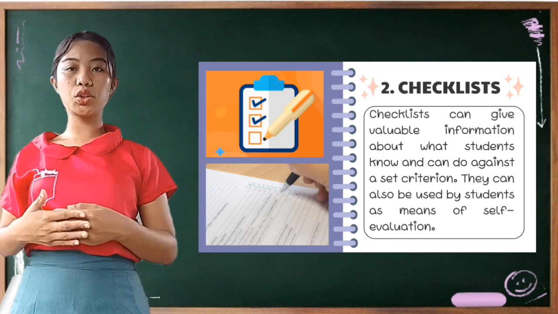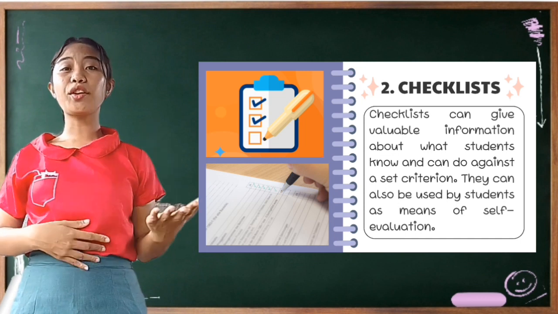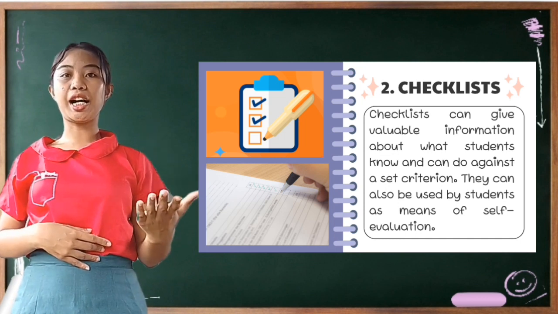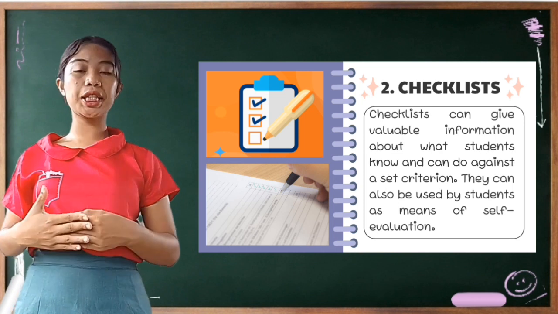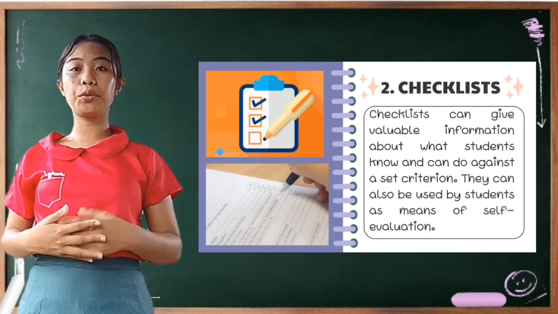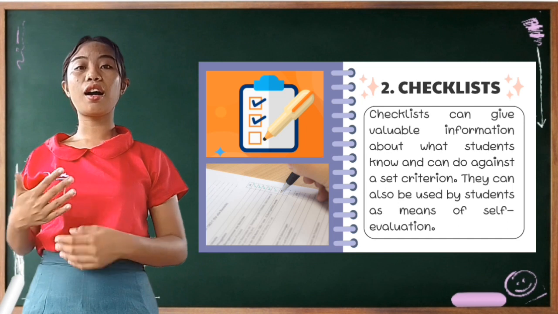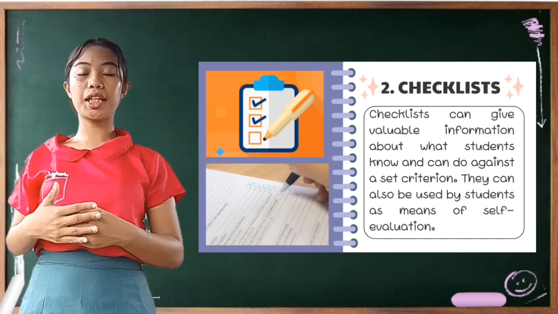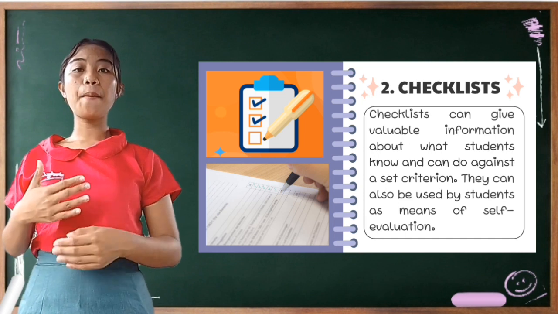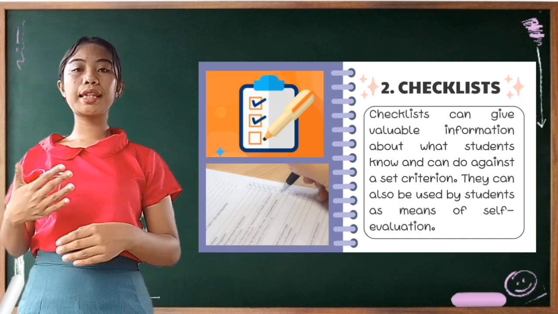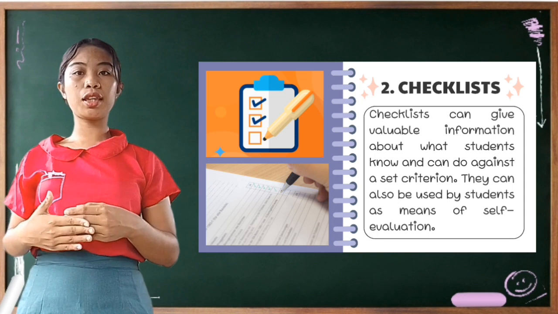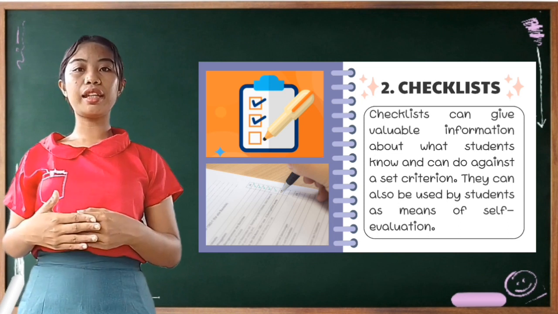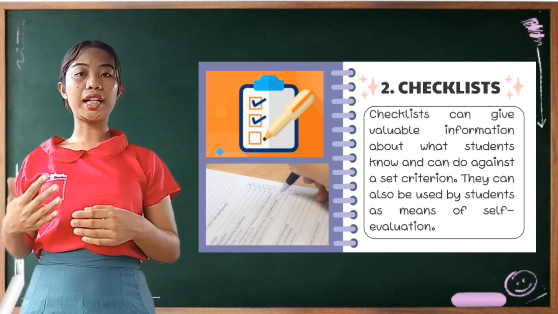Here in the definition, it mentioned a set of criterion or criteria, which means in a checklist, there is a list of rules or standards that are already decided before judging or measuring something, specifically the student's performance. It's like having a list of things to look for when deciding if something is good or not.